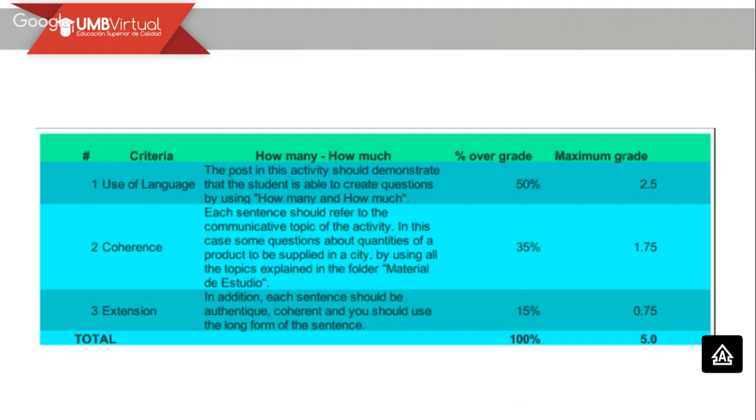For the coherence, if I find coherence in the sentences and in the task per se. And the extension is okay, referring to whether the sentences that you are creating are a little bit long, not too short.